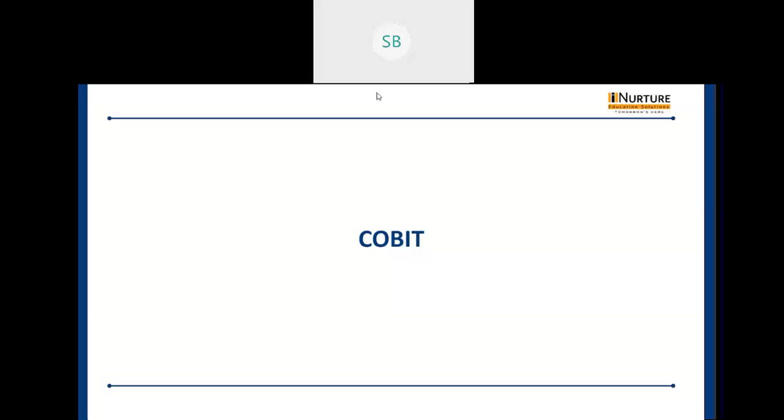Yesterday, in the other classes also, I discussed the role of the CIO. The role of the CIO is to map the organization's needs with the IT strategy. The IT strategy should map with the organization's strategy.